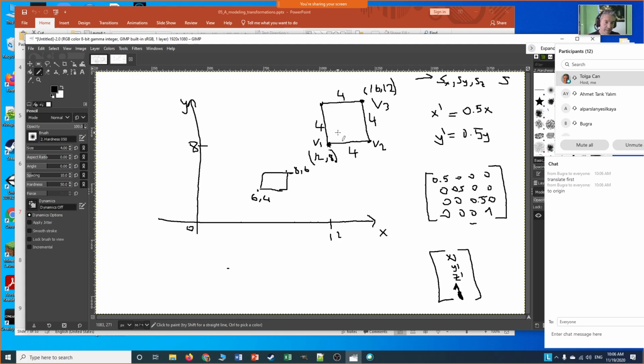Exactly, translate to the origin first. The center of mass here is like 14, something. So we translate the center to the origin. The center is 14, 10. So we translate 14, 10 to the origin first.